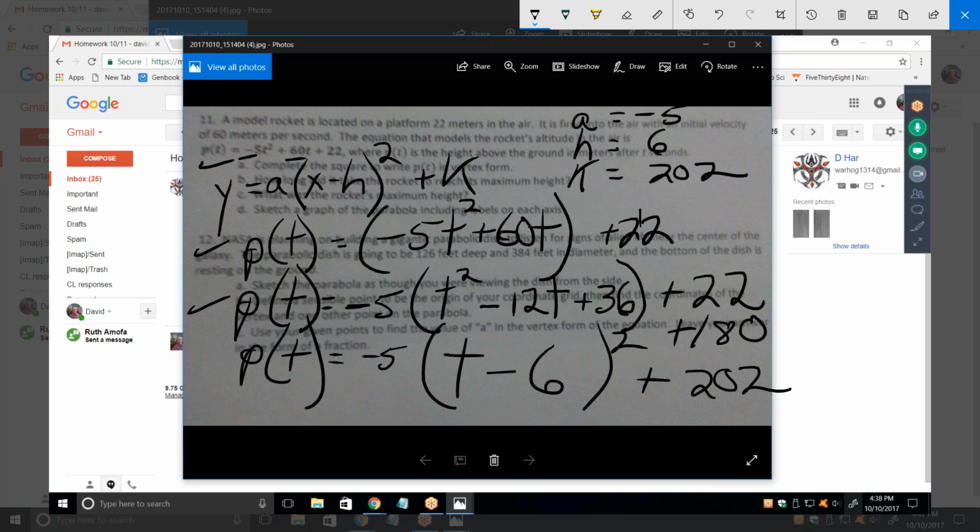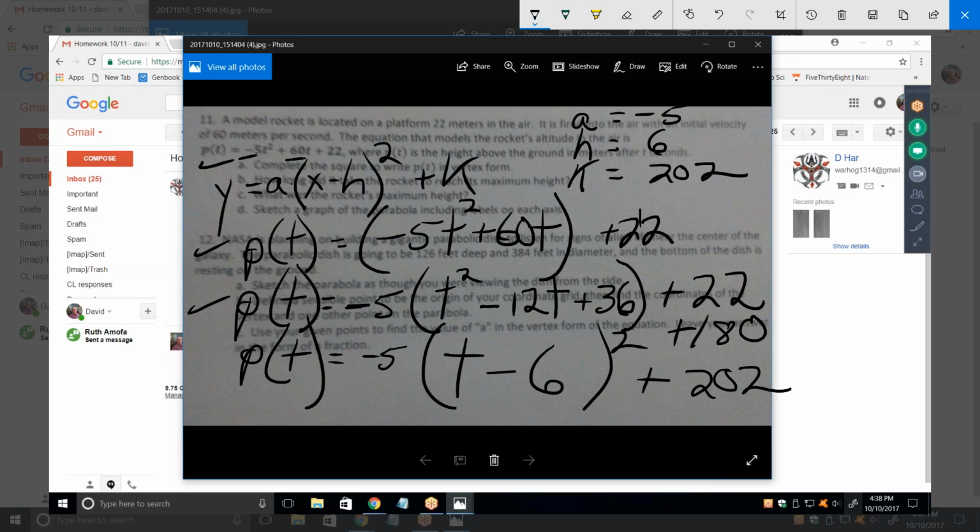In other words, it is the t-coordinate of the vertex. The t-coordinate of the vertex is where it reaches its vertex, which is the maximum height. Right. What was the rocket's maximum height? 202 feet.